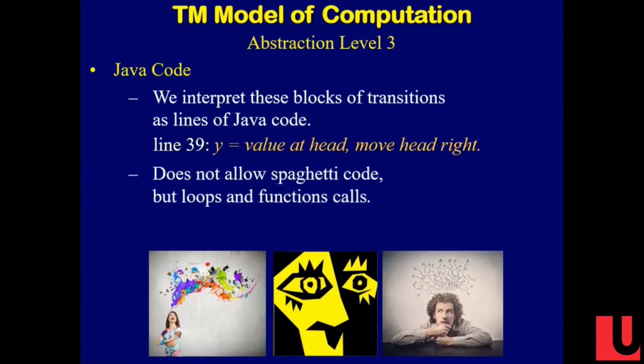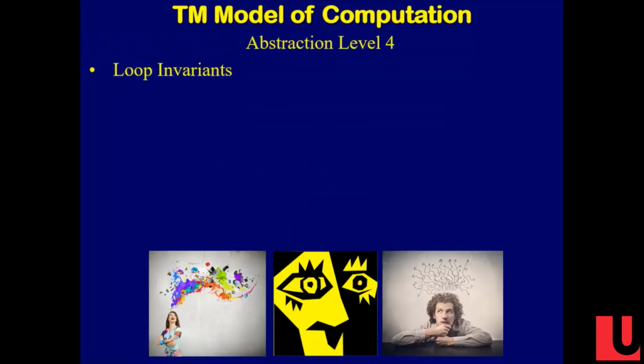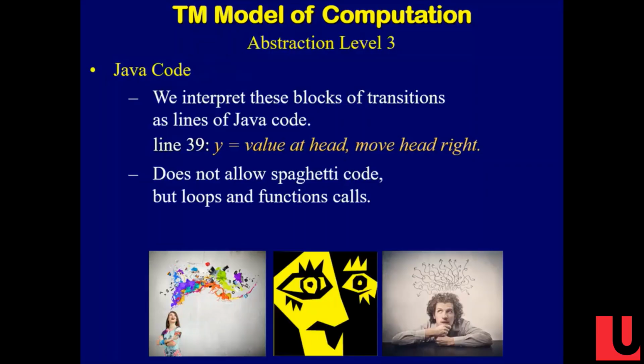So this is what I'm saying. We're no longer allowing spaghetti code. Now we need loops, so we need function calls. We need things that look like Java. And now we're going to have another level of abstraction. This level of abstraction was of lines of code, actions.